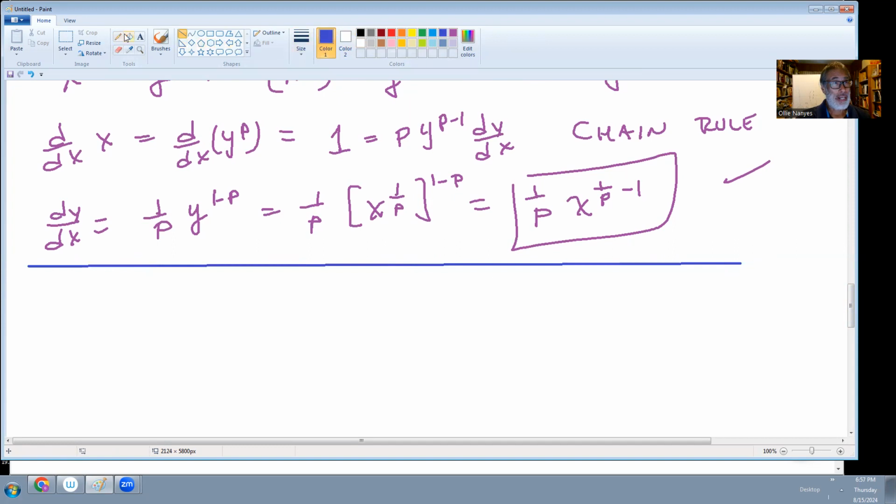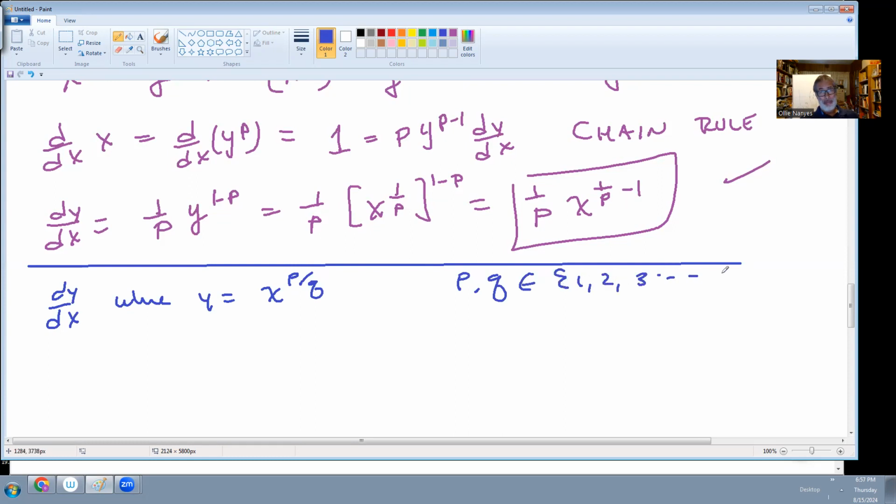Now we're going to have to use the chain rule again, because if we want to talk about dy dx, where y is now x to the p over q, where p and q are positive integers, well, y is equal to x to the 1 over q, to the p.